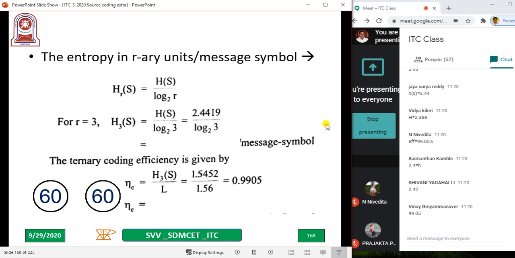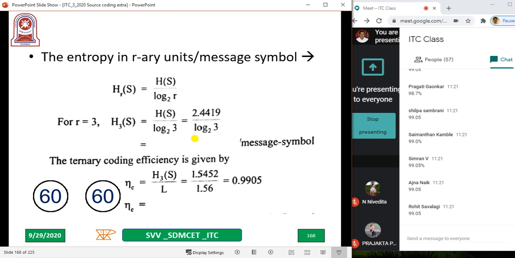Vinay has typed 99.05. Yeah, it's correct. I already showed it here. I hid only this. I forgot to hide this. Answer is correct, Vinay. You can type H of S considering the ternary. Most of them are getting 99.05. Pragati has got 98.7. Okay.